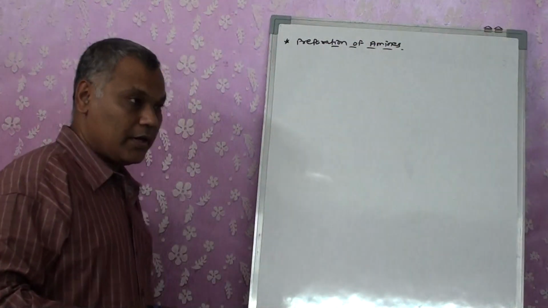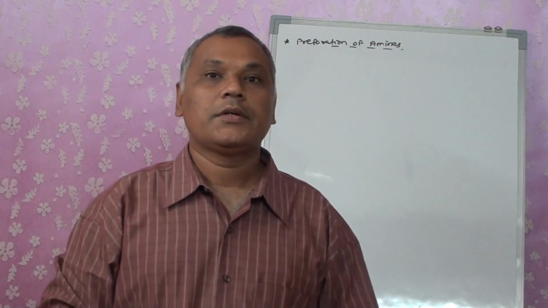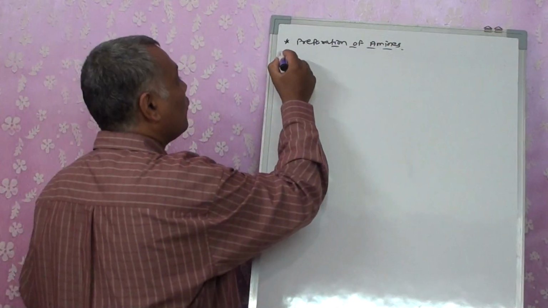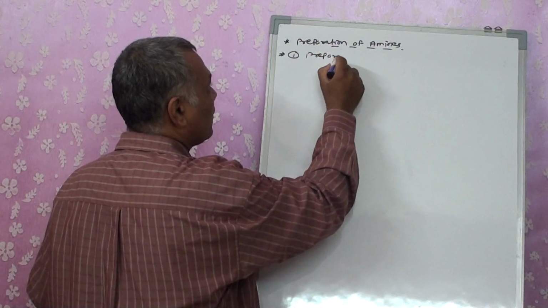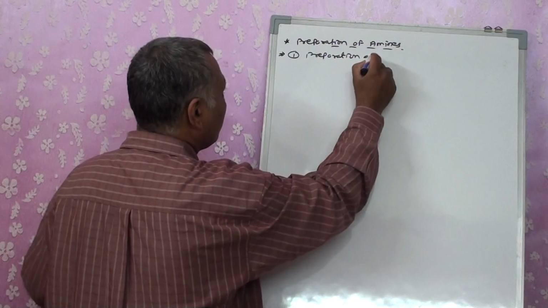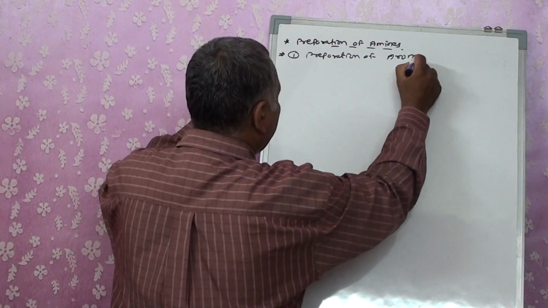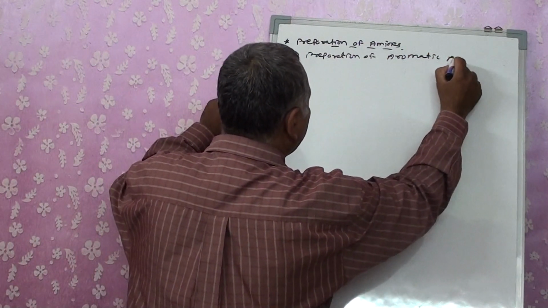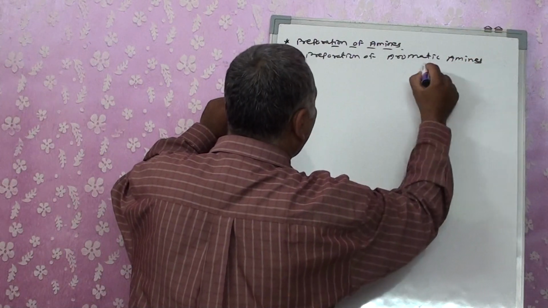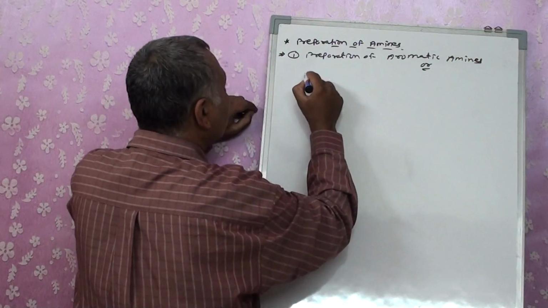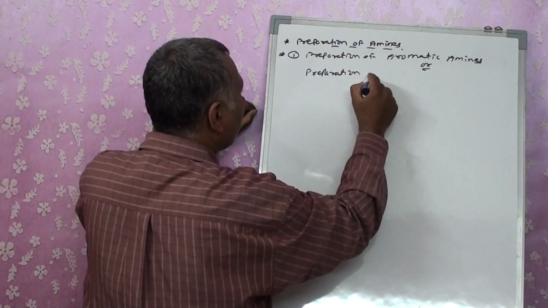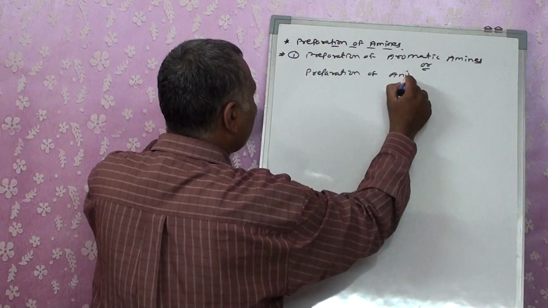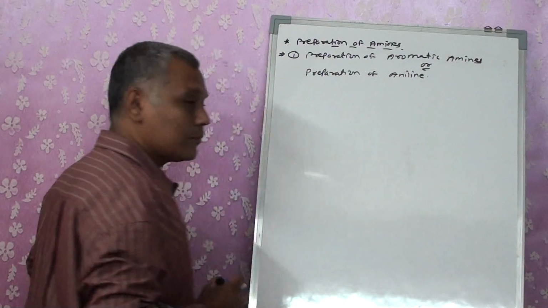Now, we have a number of methods for the preparation of amines. Right? The first one we will go for is the preparation of aromatic amines, or we can say the preparation of aniline.